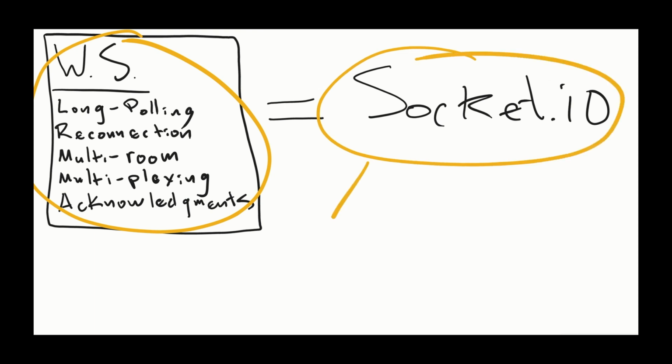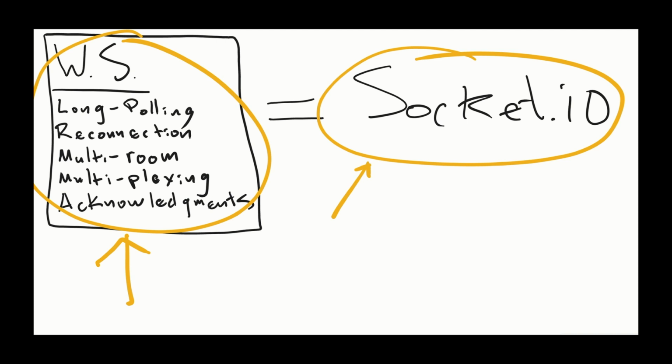The difference is this thing over here on the right has a score of developers all over the world who are probably way better at this than you are, instead of you having to do it over here all by your lonesome. That is why you'd use Socket.IO, because Socket.IO is not one for one against WebSockets.